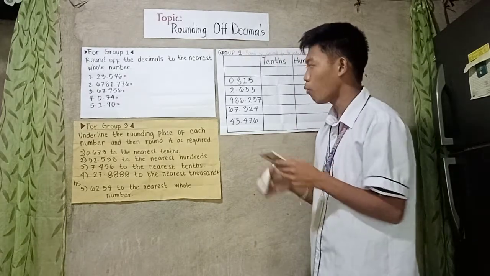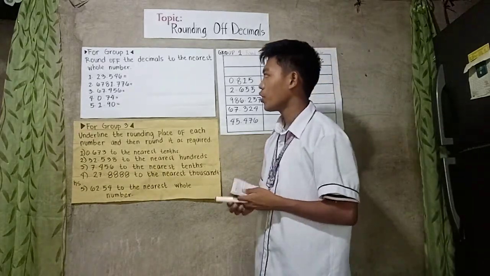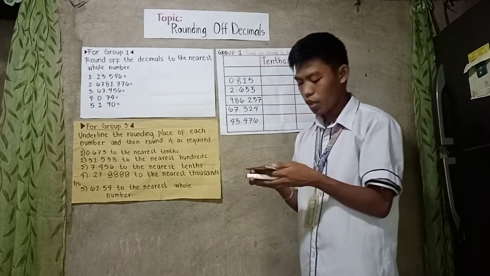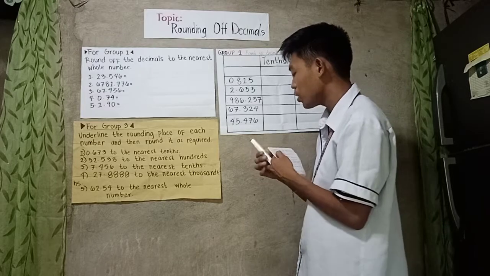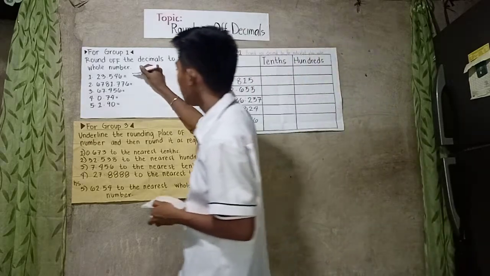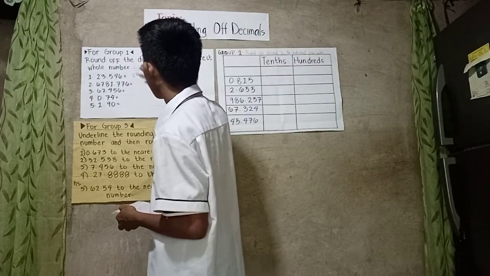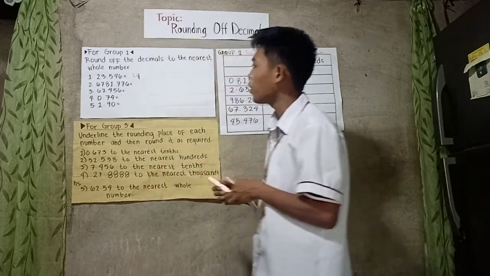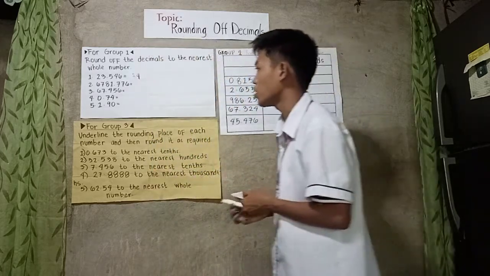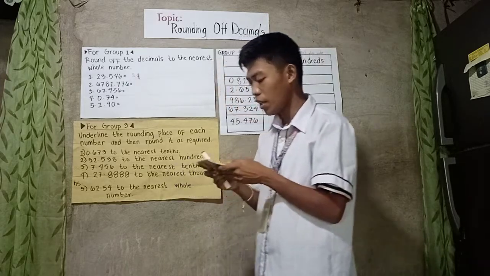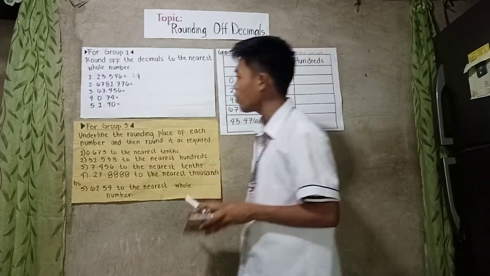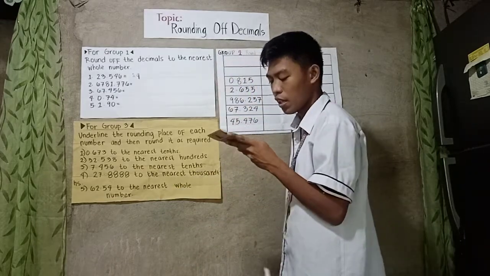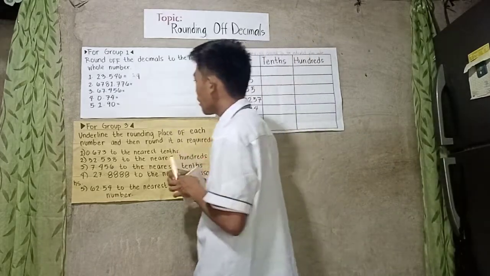So for group 1, as I've said earlier, you are to round off the decimals to the nearest whole number. For number 1, the answer would be 24. The nearest whole number of 23.546 is 24. Second one is the nearest whole number for 6781.776, which is 6782.